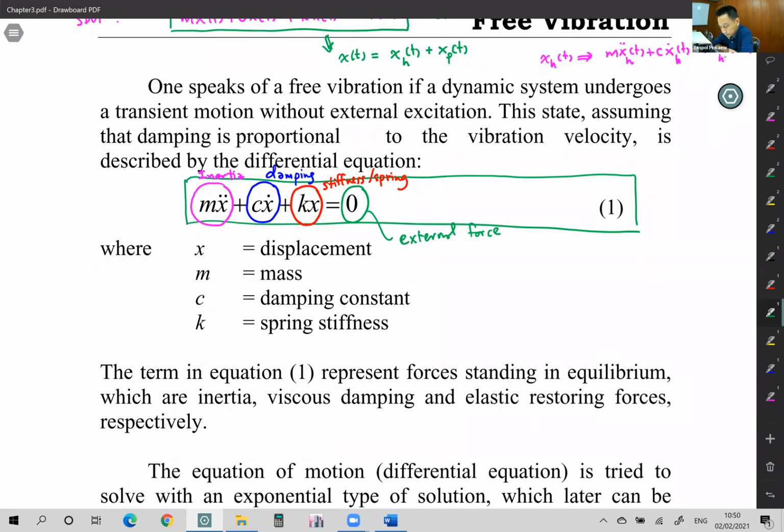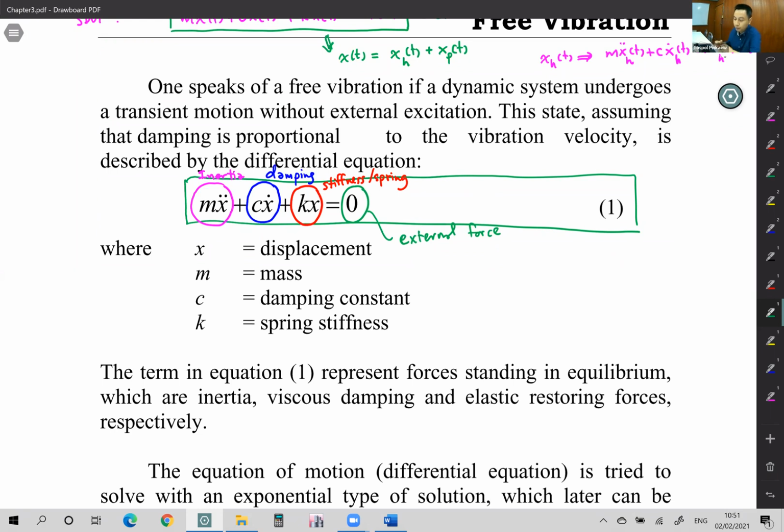To make the solution X satisfy the left and right-hand side equal to 0, intuitively you might think about a time function of X where the derivatives X dot and X double dot take the same form as X. See, if you apply a function of X like t square or t power 3, you see the derivative will take another form, right?